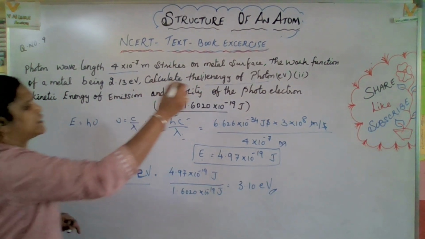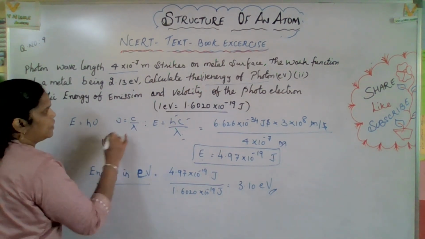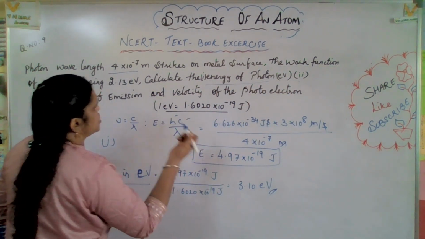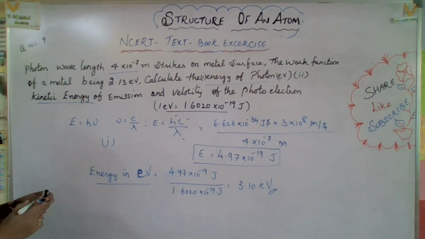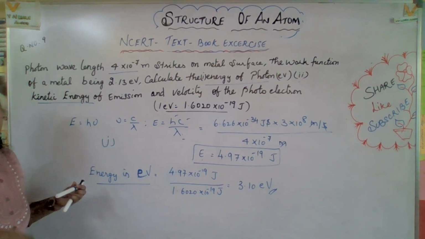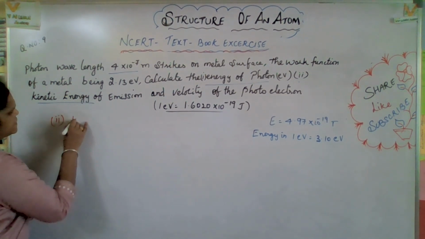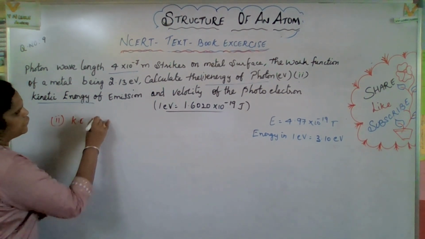Now the second one. This was the first question. The second is the kinetic energy of emission and the velocity of the photoelectron. Let us find that. Now the second point, the kinetic energy.